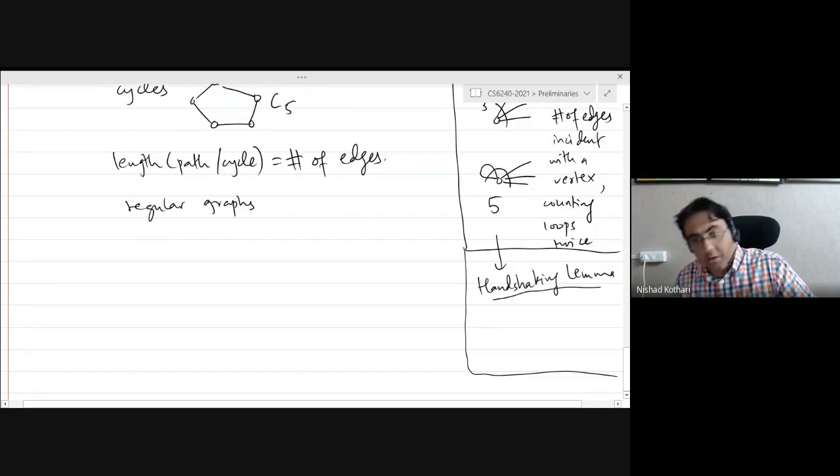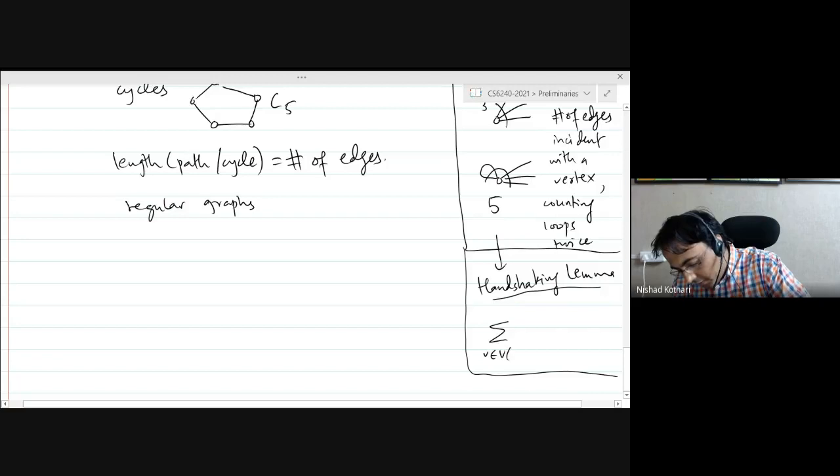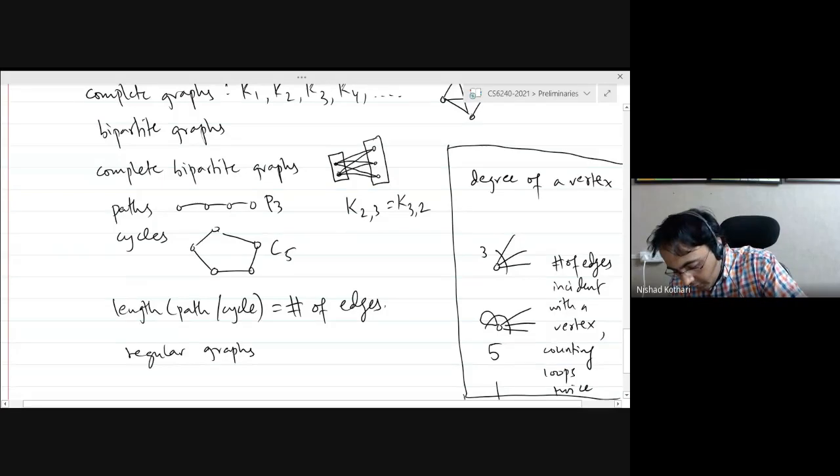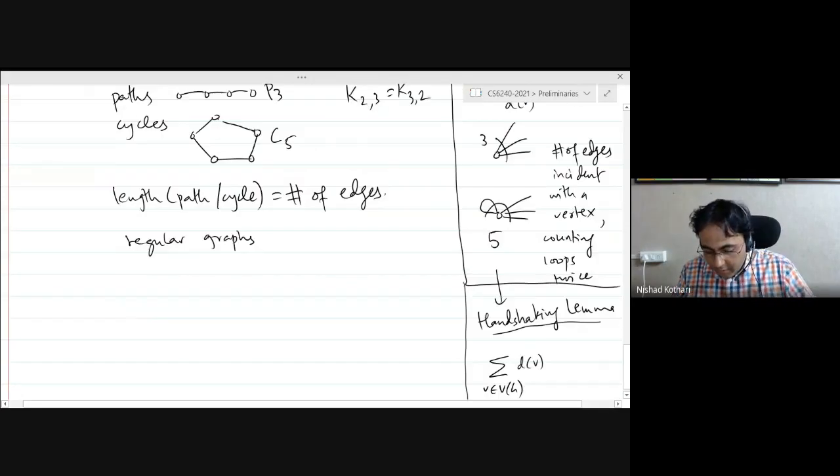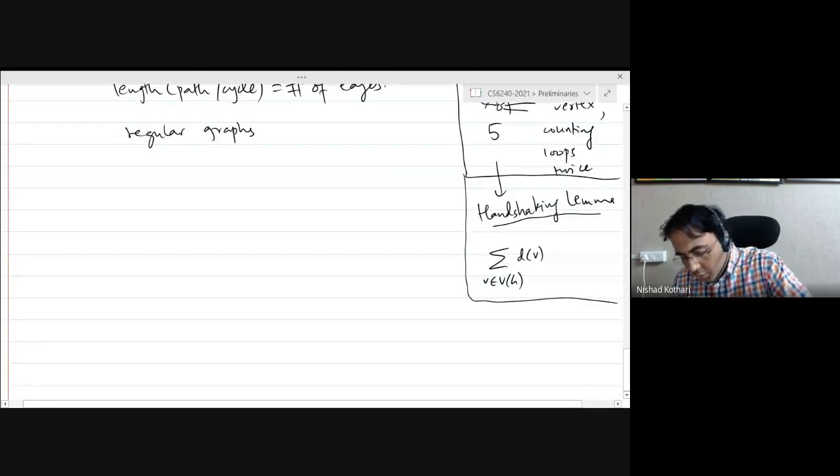If someone has not seen the handshaking lemma, please interrupt me, and I will tell you what it is anyway. The sum of the degrees of the vertices of a graph. This is the notation for the degree of a vertex: the degree of a vertex v is d(v). So when you sum up the degrees, you get twice the number of edges of the graph.